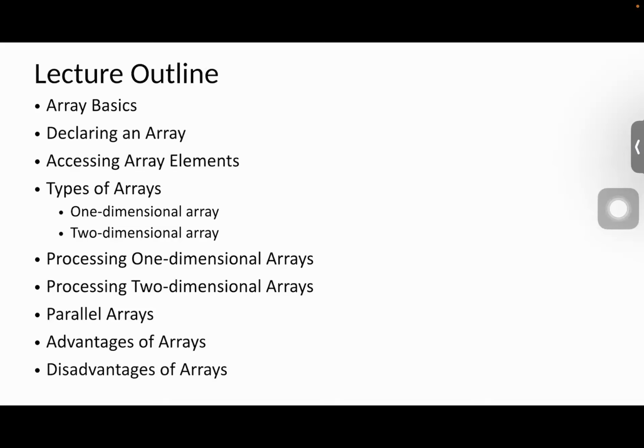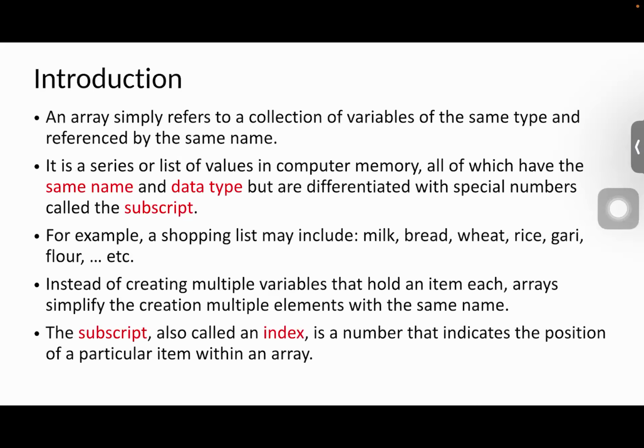And then we'll look at how to process one-dimensional arrays and then two-dimensional arrays, and then what a parallel array is, and then some reasons why you as a programmer may want to use arrays in your programming, and why you may not want to use an array or would like to use another type of data structure. Okay, let's jump right in.